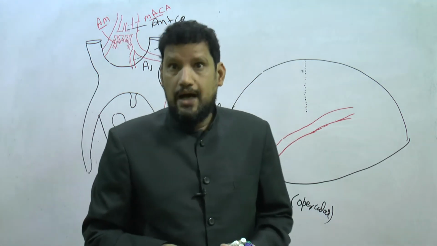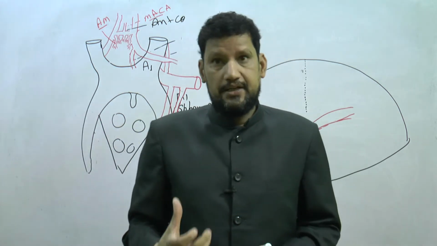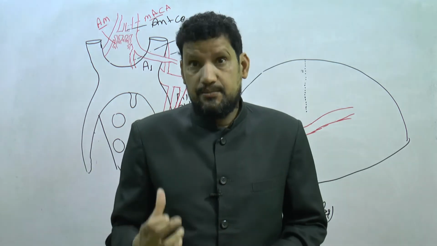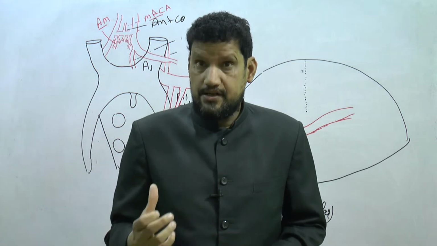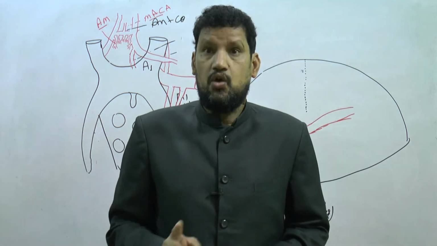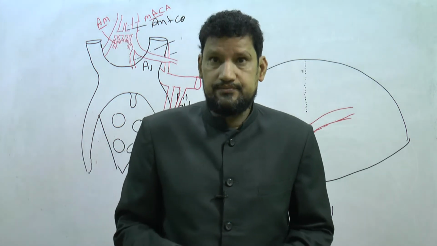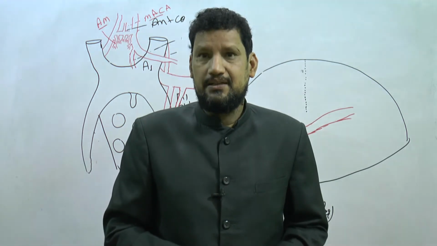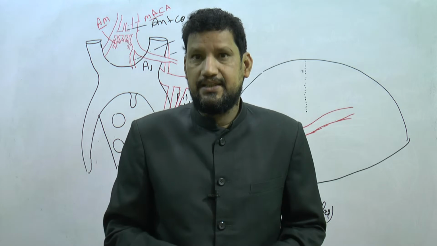These all are receiving blood from the lenticulostriate artery, especially the lateral branch, which is known as lateral striate artery or artery of Charcot, also known as artery of cerebral hemorrhage.